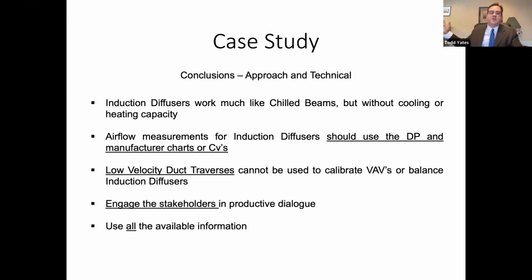But if we go back and traverse a branch of 21 VAVs that we've balanced and find a branch total where the airflow velocity is above, say, 1200 or 1300, we traversed those and they matched very closely. So we're confident in that.